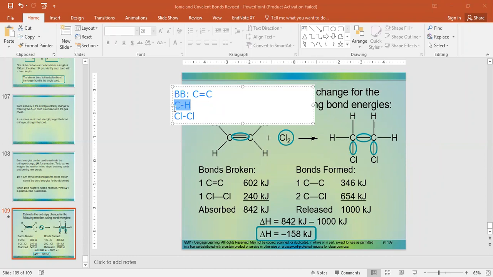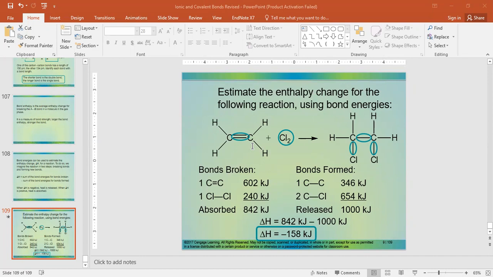Because both sides we have 4 carbon to hydrogen bonds, so it cancels out. Brilliant. That's why we are not putting them, because they are going to cancel out. So because they cancel out, we only concentrate on those other bonds.